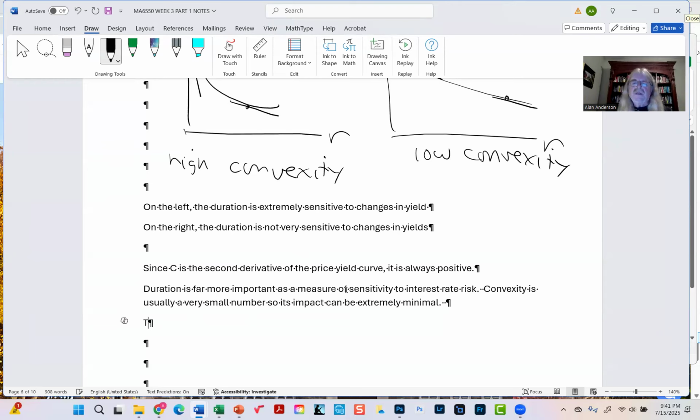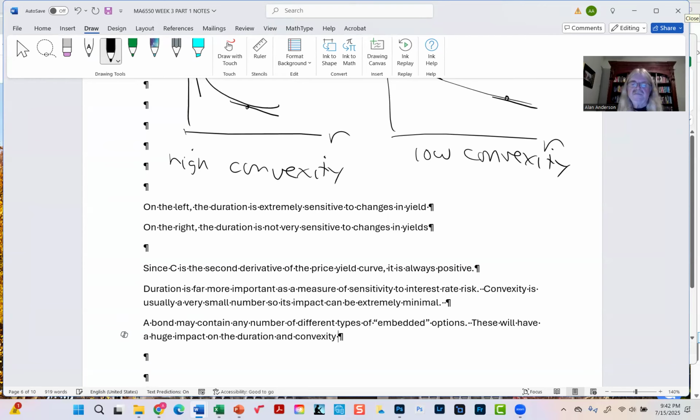But I just want to mention in passing here that a bond may contain any number of different types of what are called embedded options. These will have a huge impact on the duration of the bond.